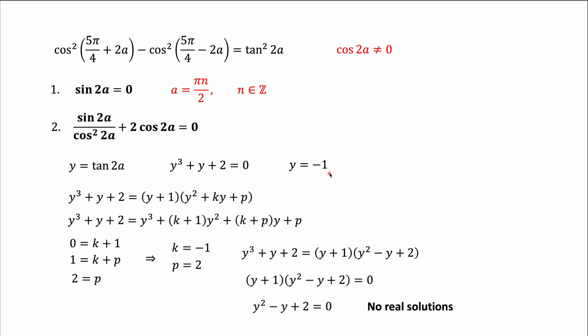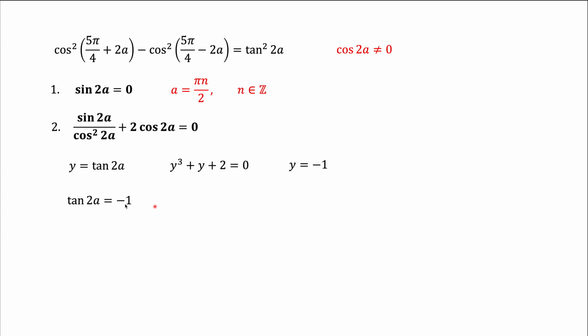And that means that the only possibility for 2a I need to consider is the possibility when tangent of 2a equals -1. Okay. Now I want to go back to this condition and make sure that what I got here does not contradict this condition. Well, it doesn't, because tangent of 2a is sine of 2a divided by cosine of 2a.